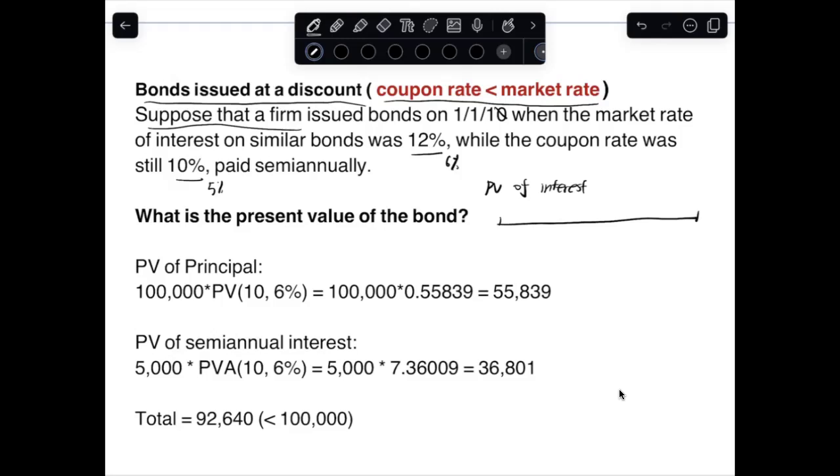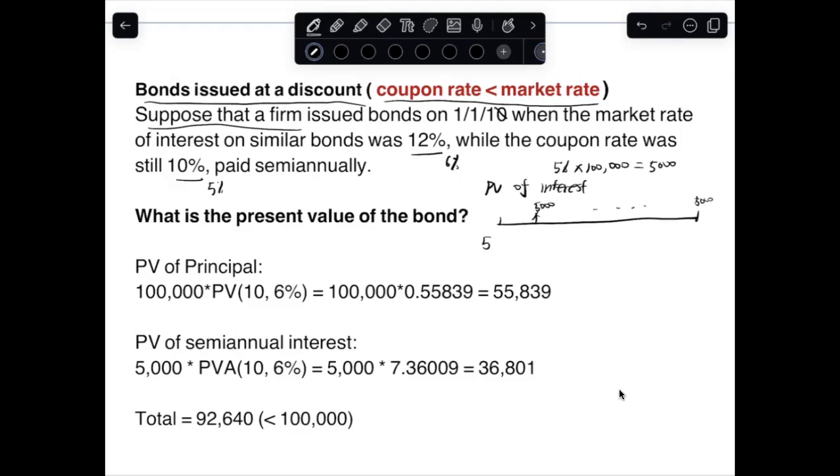Because the return is still 5%, 5% times 100,000 is equal to 5,000. So it's the same as in the previous case: 5,000 every period, and there are 10 periods.